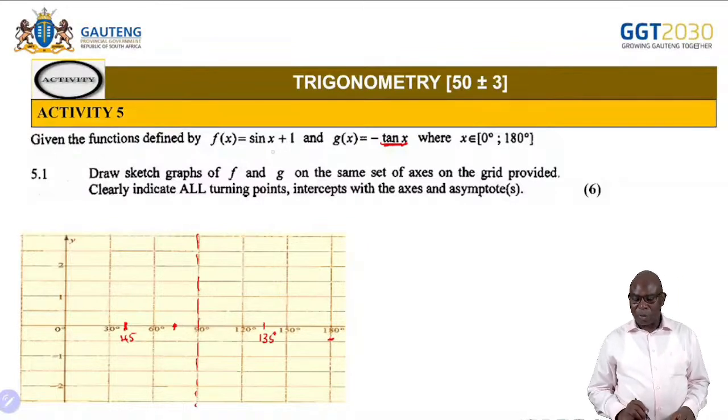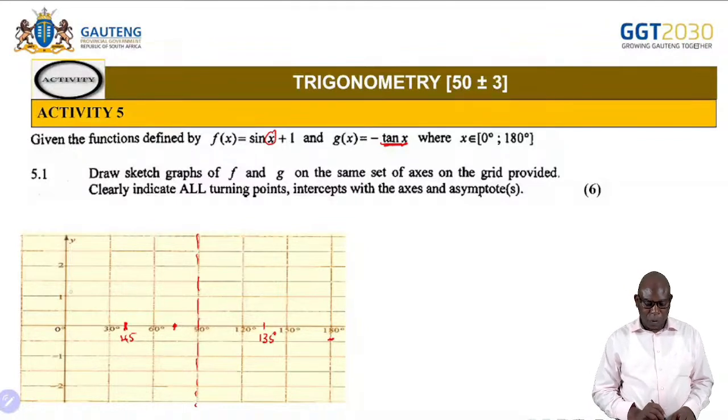So now, let's look at this. I now want to substitute. I know how to draw this graph quickly, but I want to substitute. If I substitute the value of x by 0, I'm going to get a 1, because sine of 0 is 0, plus 1 is 1. So at 0, it will be 1.